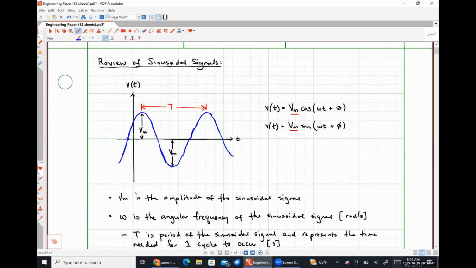Yes, Walter. T is time. So our angle of 360 degrees, we are going to sweep that entire 360 degrees every period, right? That might not be obvious, but our phase angle is a constant. Since it represents the amount of time that this thing is shifted, the amount of shift does not change.